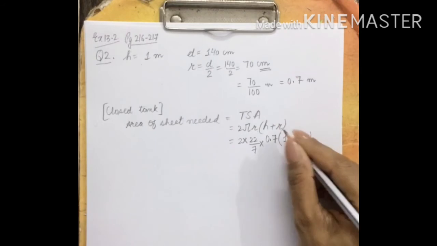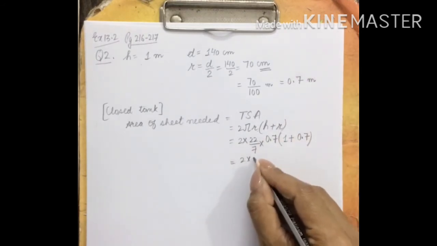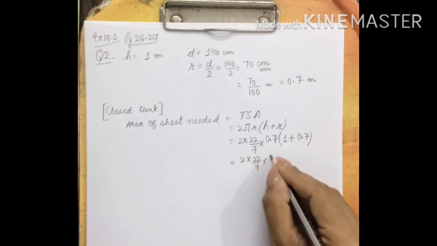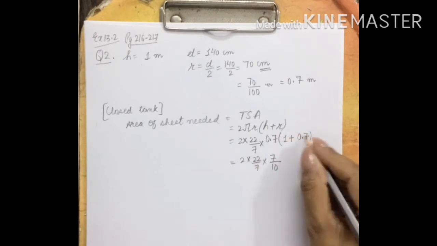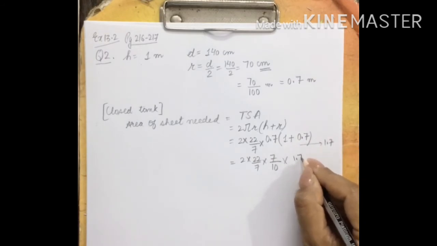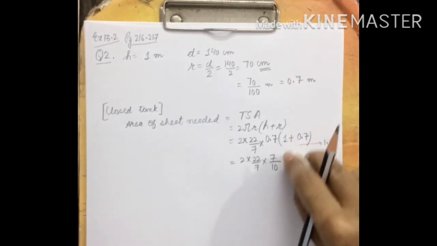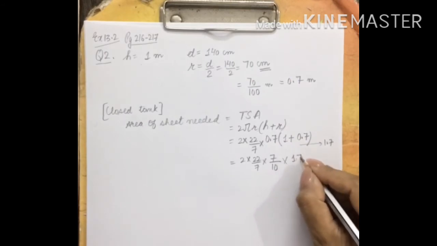Height is 1, radius is 0.7. Simplifying, converting the decimal number into a fraction. In the brackets I get 1.7, so I'll be writing this as either 1.7 or you can convert it into a fraction. So I'll just convert it into a fraction side by side.